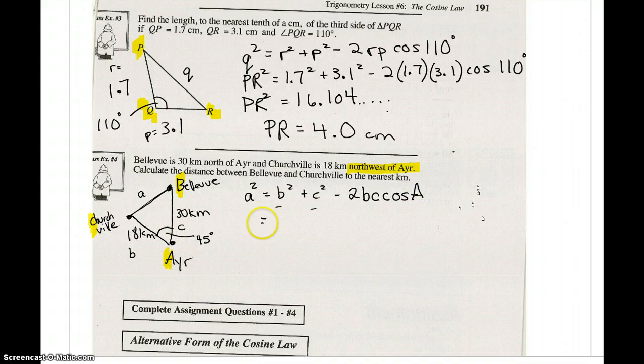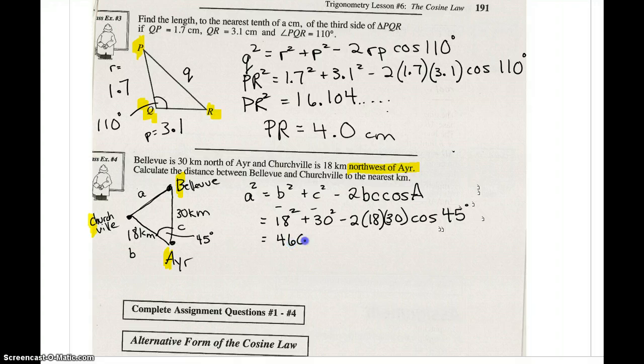So when I plug in my numbers, I'm going to end up with 18 squared plus 30 squared minus 2, b was 18, c was 30, and the degrees in that angle, and remember that angle is contained between two sides, is 45 degrees. I plug that into my calculator.